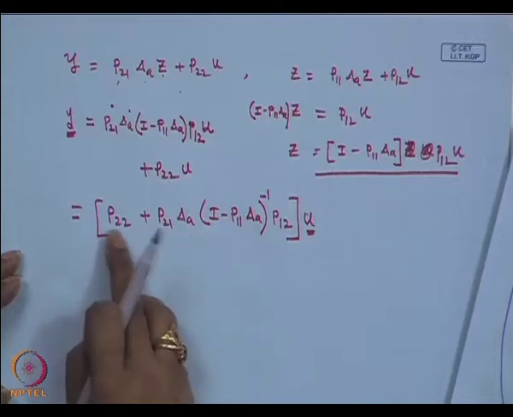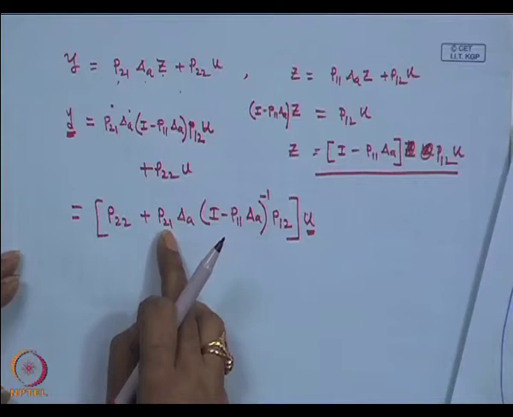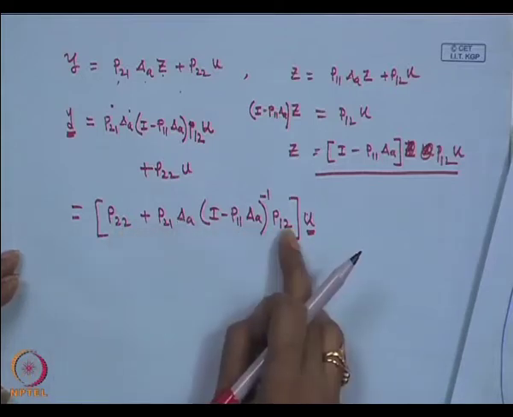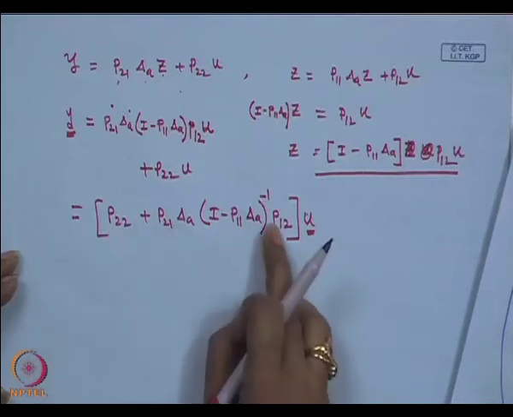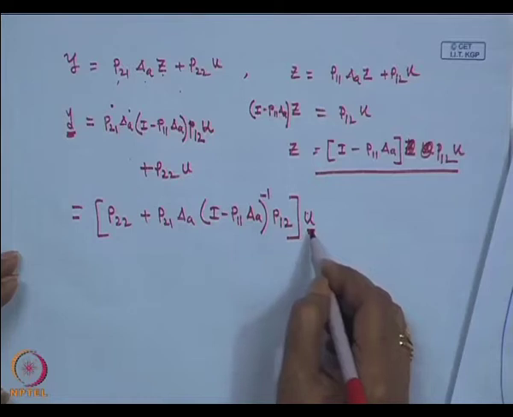Then the first index we have taken P21, agree, and the second index is P12, multiplied by u.